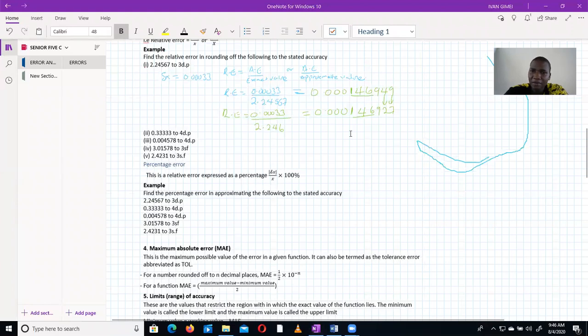Somebody has a hand up. Yes, John? John, your hand is up. So what if you give your answers as fractions? Answers as fractions? Yes, you can write it as a fraction or as a decimal, no problem.